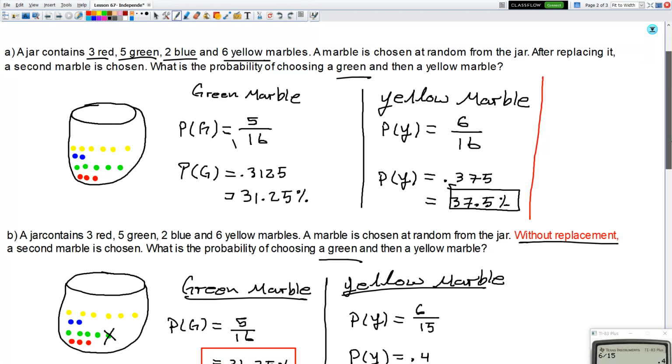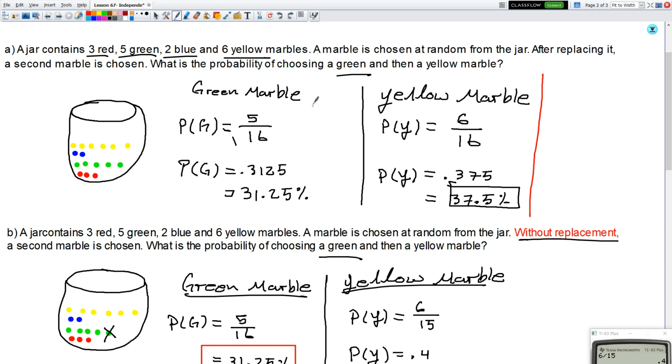So if we look at example A, we first choose a green marble and we replace it. And then after that, we chose a yellow marble. So notice here, the first event, which is us choosing a green marble, did not have any effect on the second marble because we didn't change the number of choices that we had at the end.